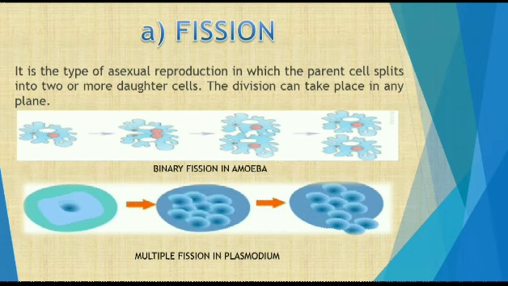So the example also comes in the examination. So for binary fission the best example is amoeba, and for multiple fission the best example is plasmodium. As you already know, plasmodium is called the malarial parasite. This microorganism causes the disease called malaria.